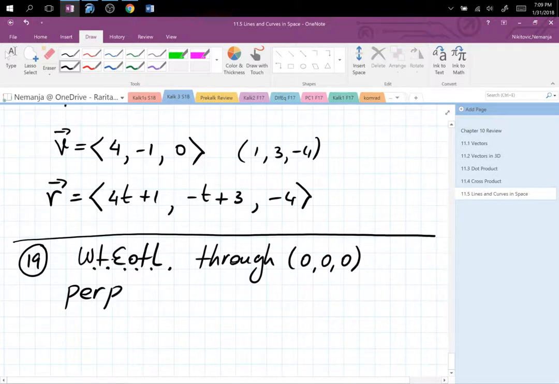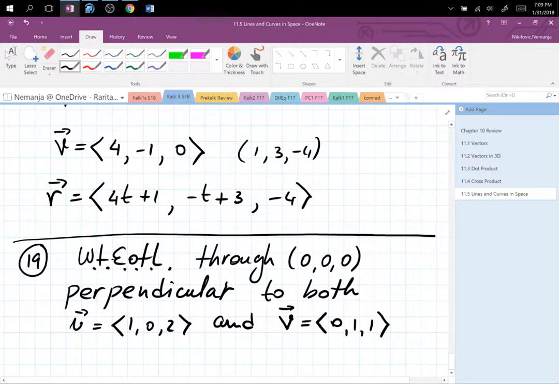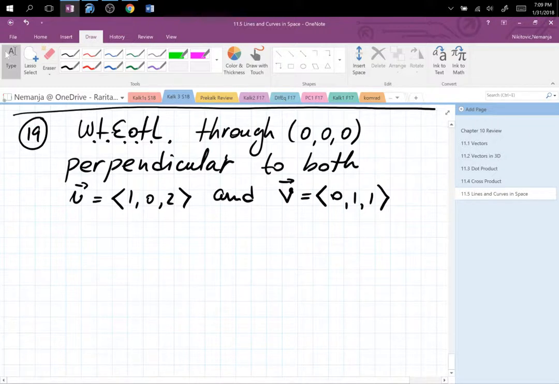Perpendicular to both, use orthogonal, vector u: 1, 0, 2 and v: 0, 1, 1. Whew. What now?